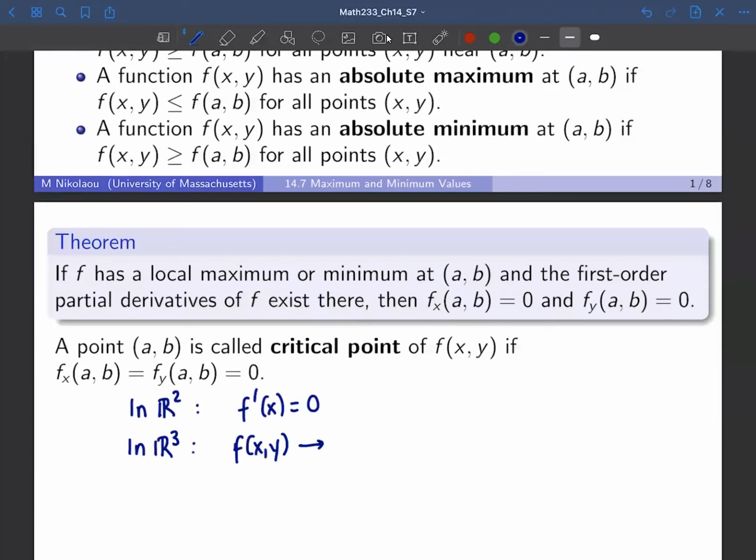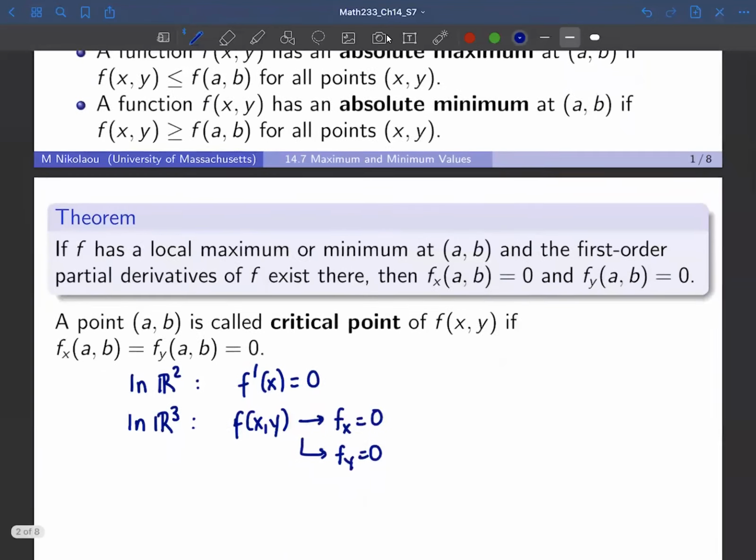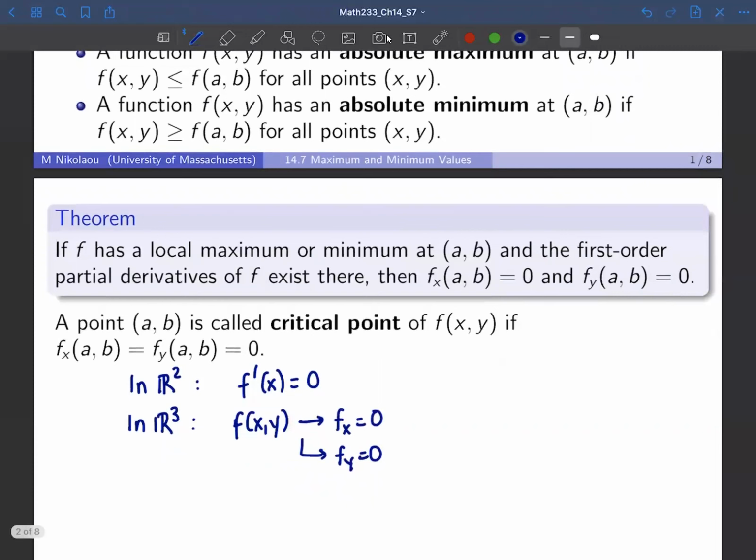So we now need the fx to be equal to 0 and also the fy to be equal to 0 in order to have a critical point. Now we need the 2 partial derivatives of f with respect to x and y to be equal to 0.